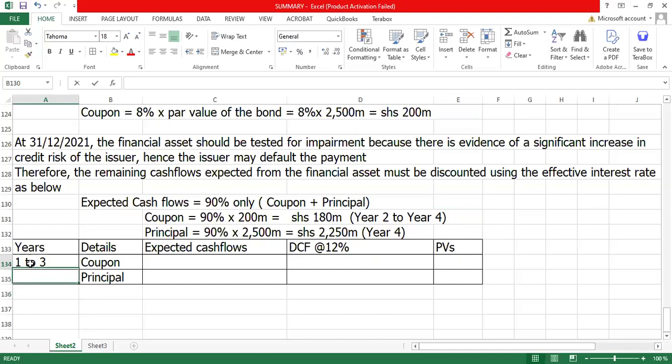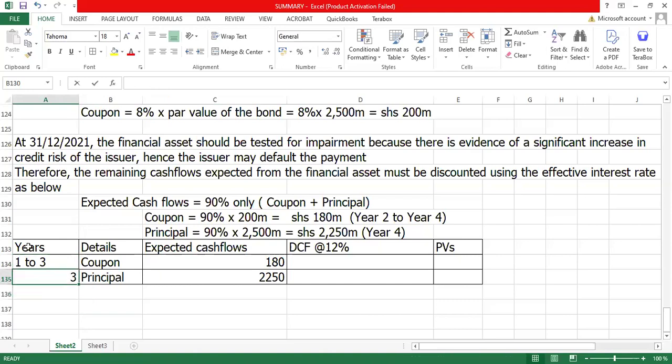Here you put the remaining years only. Then the cash flows you expect to receive are 180, and then 2,250, that is your final year. Don't put year 4; we put only the remaining period.